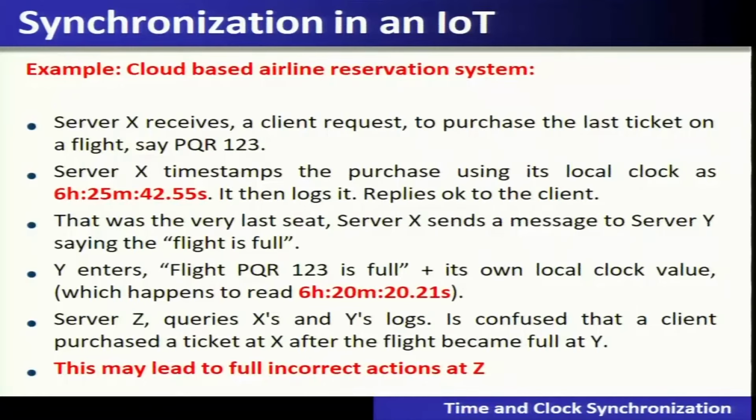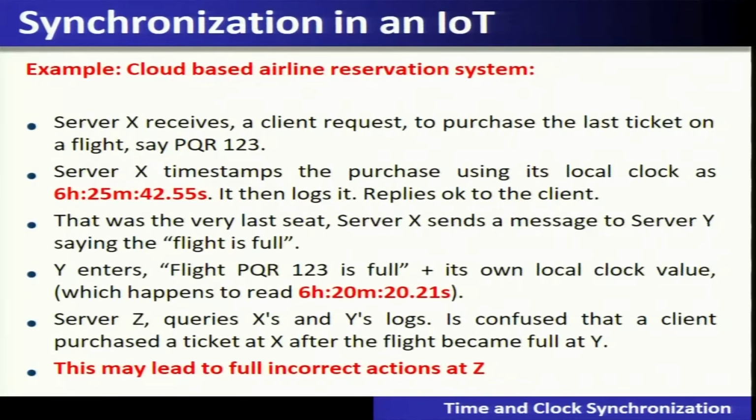So to understand the synchronization in an IoT system, we have to understand the basic principle of synchronization in a similar environment, which is, let us say, a cloud based reservation system. When you say cloud, you mean that a lot of servers are running, and there is a need for synchronization in, let us say, an airline reservation system.